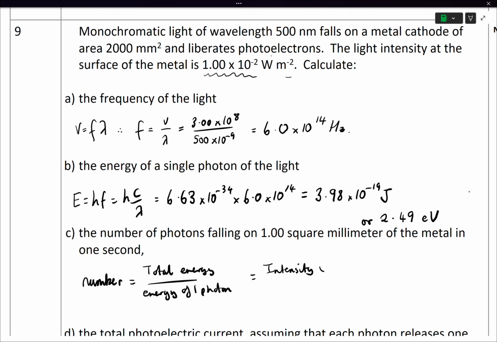and multiply it by the size of the area, and then the energy of 1 photon we know is just equal to hf.